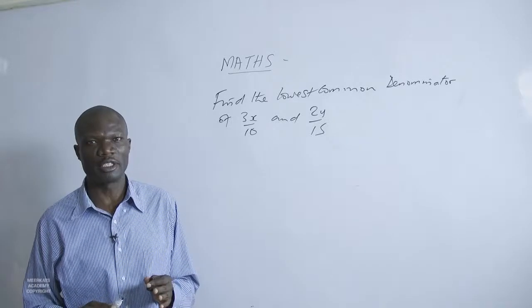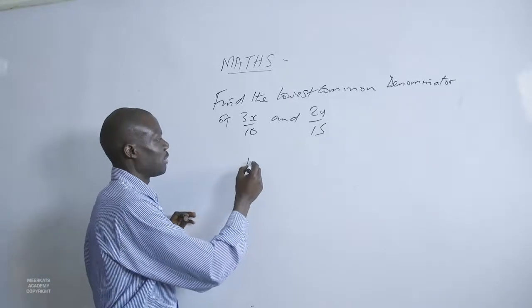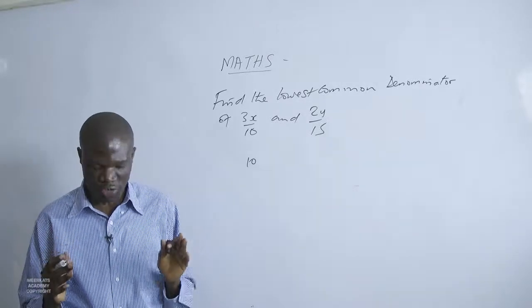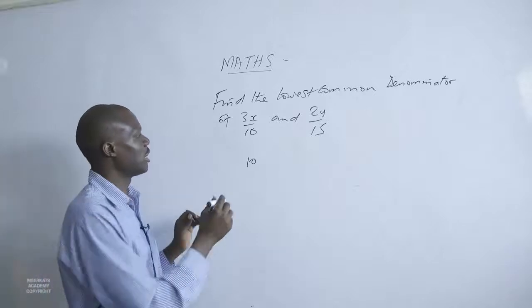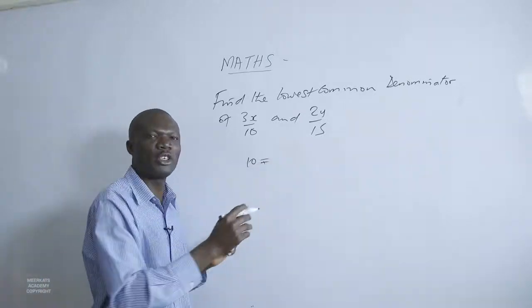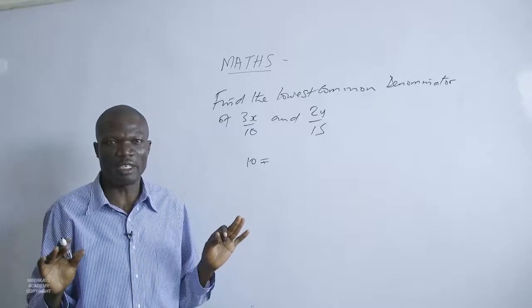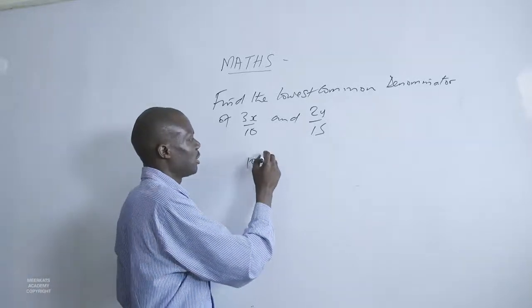So taking 10, we list all the multiples of 10. The multiples of 10 are those numbers which 10 can divide without any remainder.